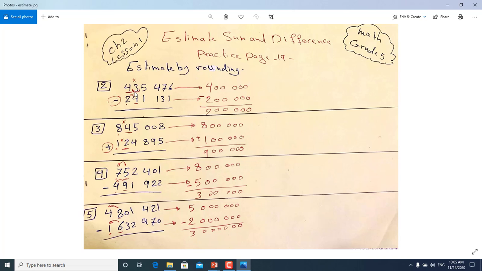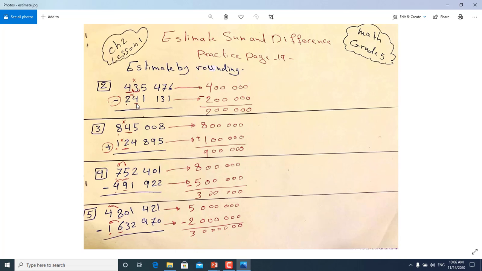We look at the next digit, it is 3. So 3 is less than 5. We said that if the number was 1, 2, 3, 4, that means it's rounding down. You don't increase this 4. So we write this 4 the same, and the digits after 4 we write 0. From there the first digit is 2 and the next digit is 4.